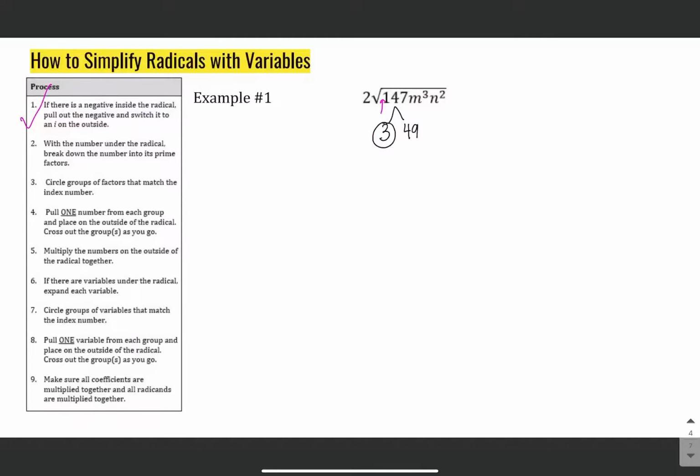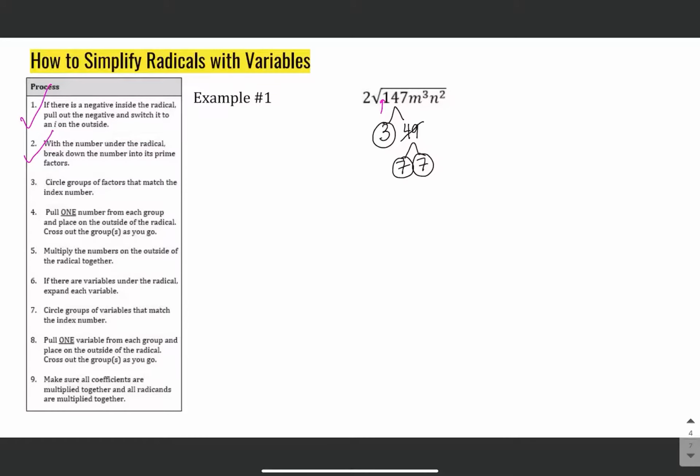I'm going to circle 3 because that's prime. I can break down 49 into 7 and 7. Some of you might recognize that as a perfect square. Notice I've got my 2 7s here. Those are both prime. Now I've got my prime factorization done, so that's step 2.